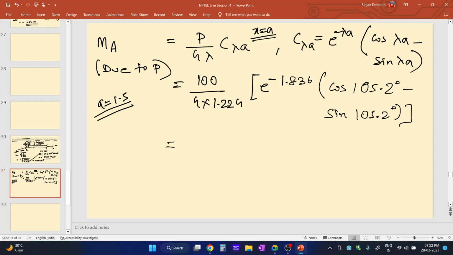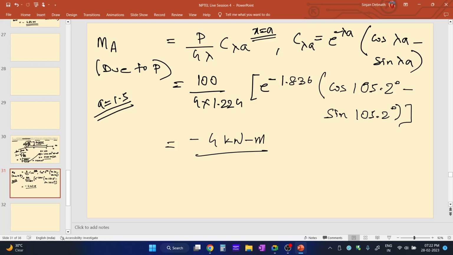If you solve this, you will get the moment due to the point load P. The moment due to point load P will be equal to minus 4 kilonewton meter. This is the moment that is acting due to P.